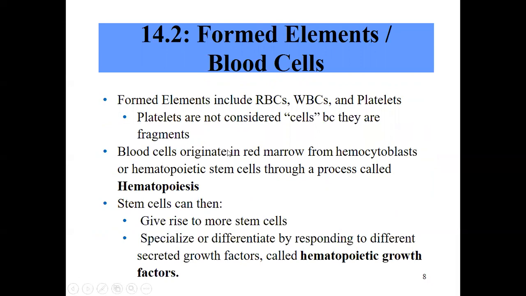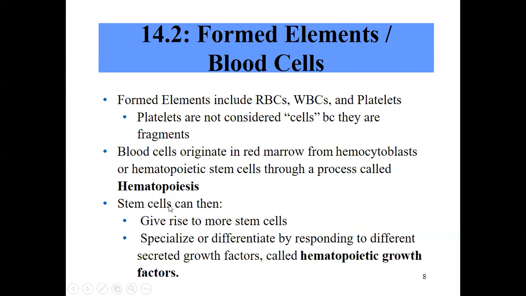Blood cells originate in red bone marrow from hemocytoblasts. Hemo means blood, cyto means cell, blasts build. Or hematopoietic cells, stem cells, which go through a process called hematopoiesis. Make sure you're looking up this term, hematopoiesis, hematopoietic, and hemocytoblasts.